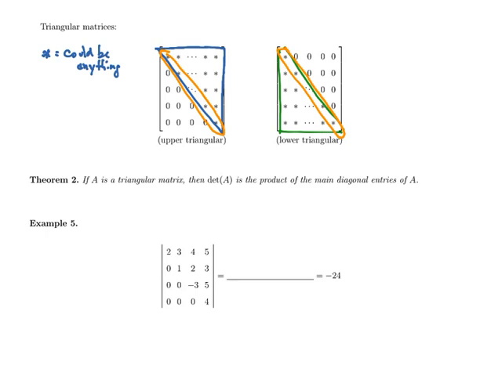So let's look at a quick example of this. We have this upper triangular matrix because I have zeros all here in the lower triangle. And because of that, the determinant is just going to be the product of the main diagonal. 2 times 1 times -3 times 4, which will give me a -24 as an answer.